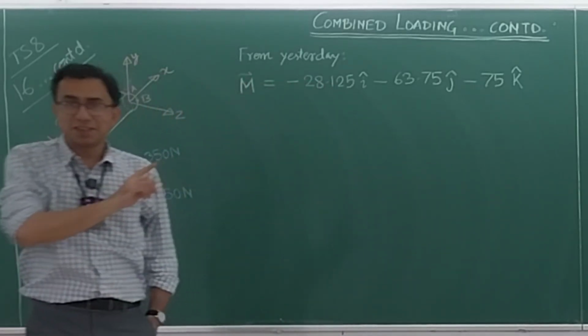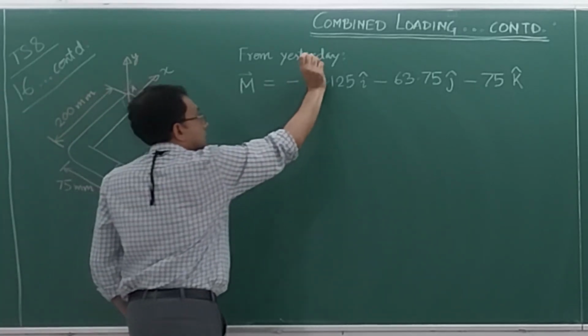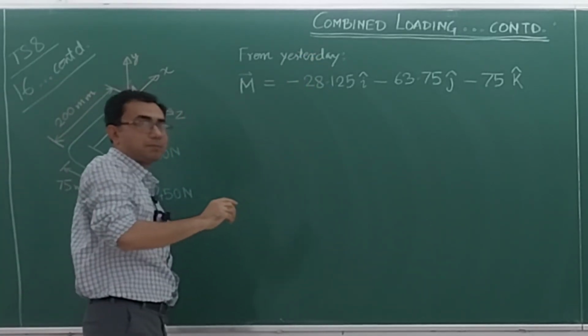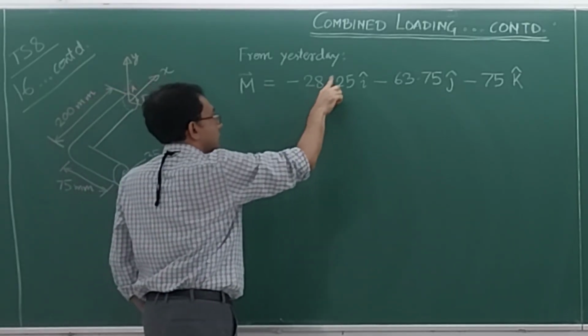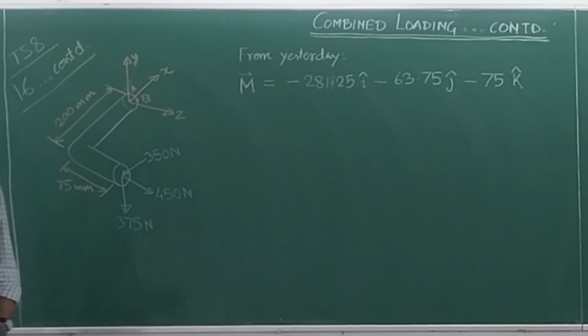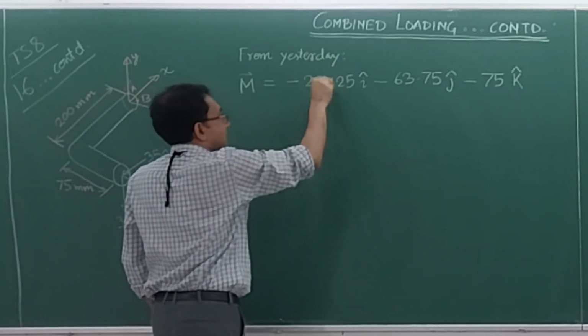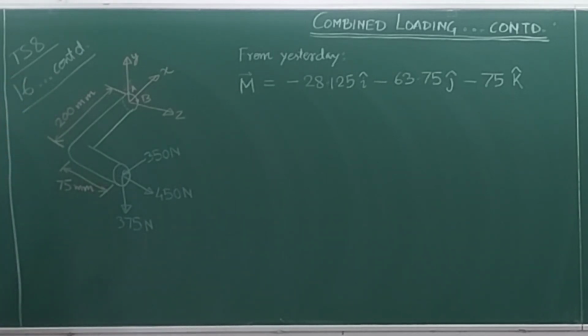I have a suspicion that is slightly wrong, but no, it is not wrong. 281.25. Okay, 28 only. Other values, it doesn't really matter how much those values are. At least the minus and plus, if it is okay, it's fine.